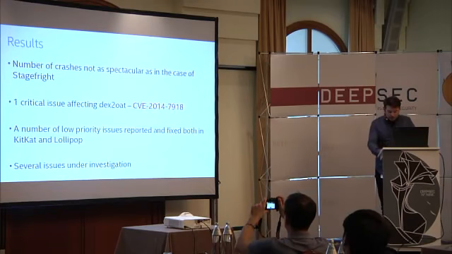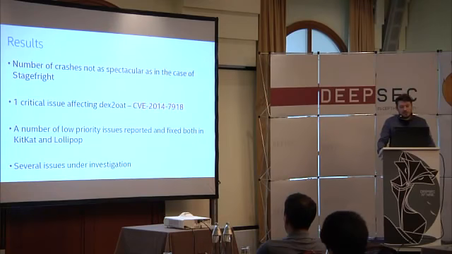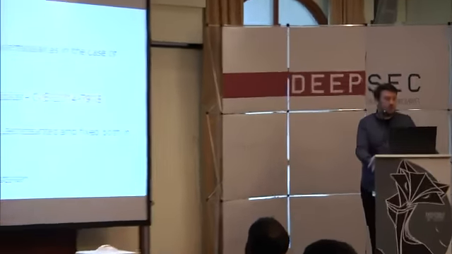Although the number of crashes was not as spectacular as in the case of the Stagefright media framework fuzzing campaign, we had initially about 1,000 crashes, not unique crashes, per week, on a cluster that ranged from 20 to 30 Android devices.